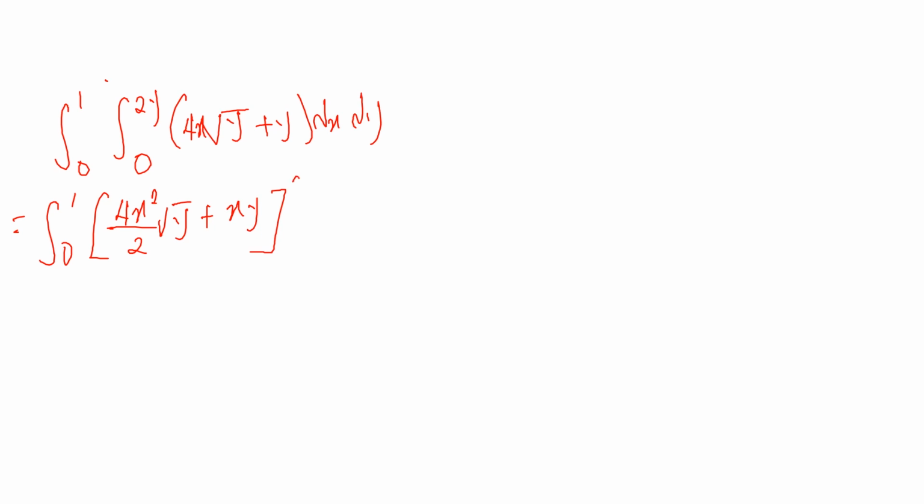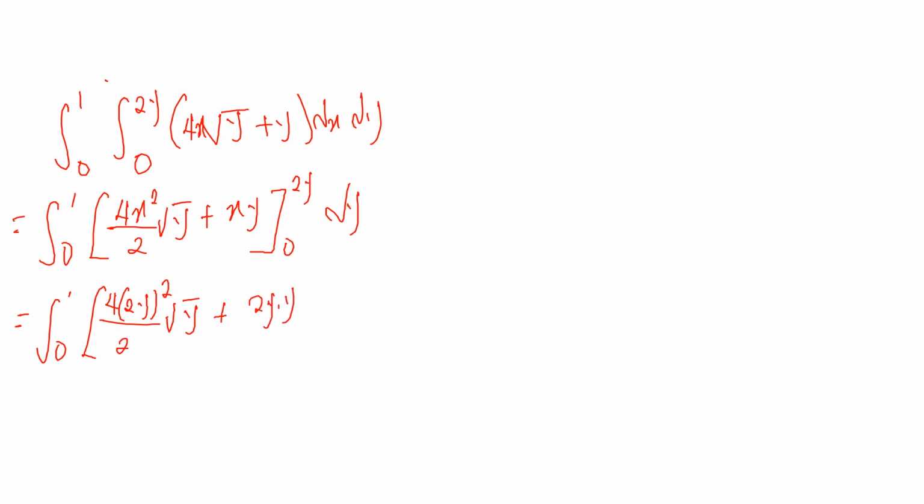So we put in the values of y, so once you put in the boundaries of x, you are going to have 4 into 2y squared over 2 root y plus 2y multiplied by y, then minus, that is 4 into 0 squared over 2 root y plus 0 multiplied by y, dy.